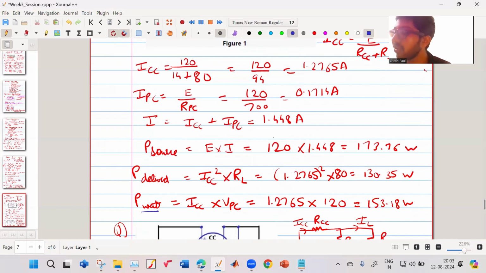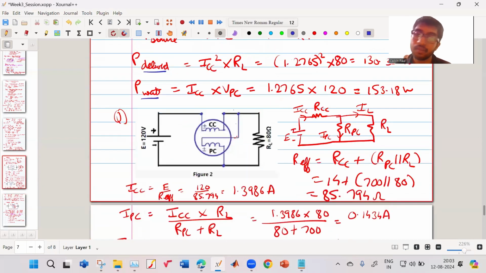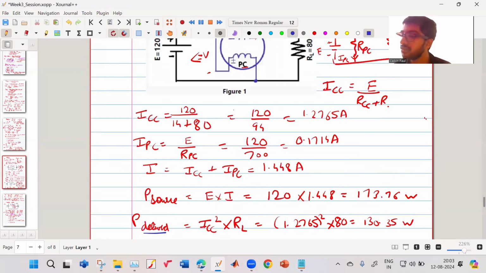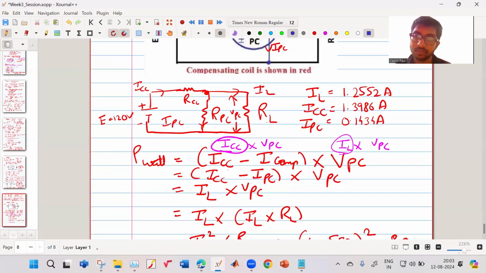The wattmeter will measure more power than the power which is delivered, in this case as well as in this case. If you want, you can also find the relative error. I've not done that because of lack of time, but you can do it and tell whether this is better or this is better; that depends on the RCC and RPC.